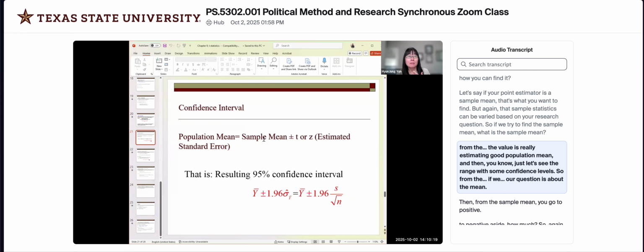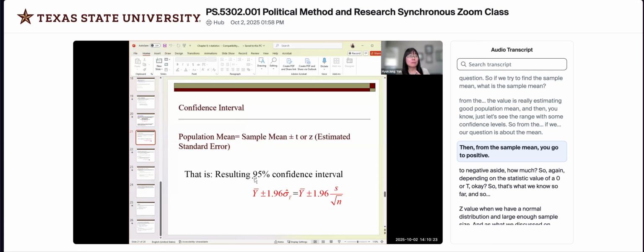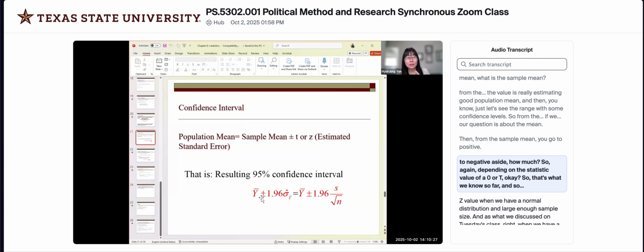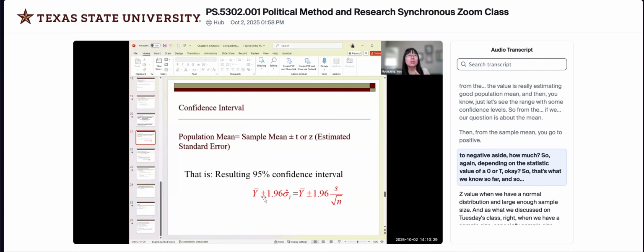So if our question is about the mean, then from the sample mean you go to the positive and negative side, how much? Again, depending on the statistic value of z or t. That's what we know so far.